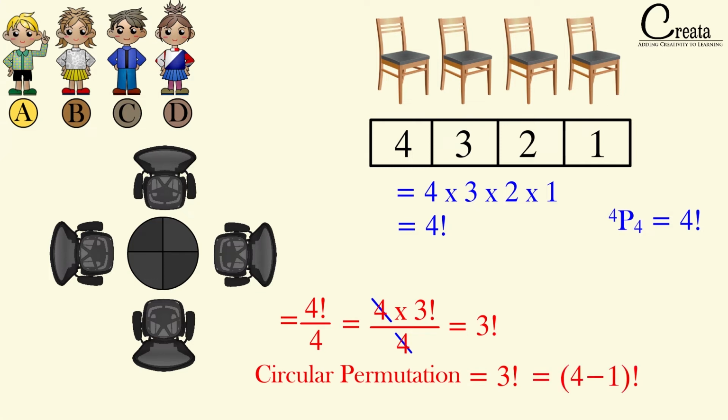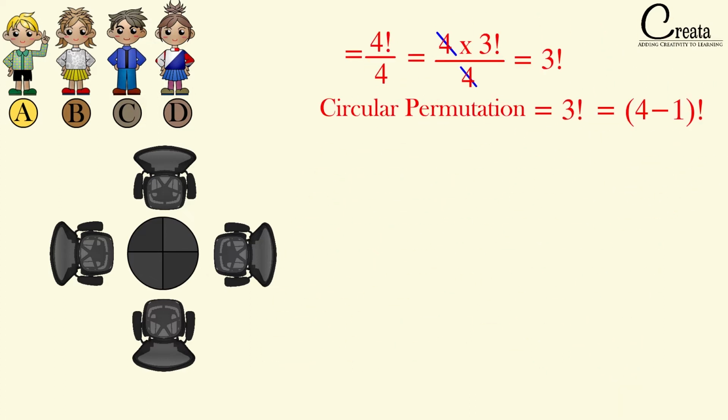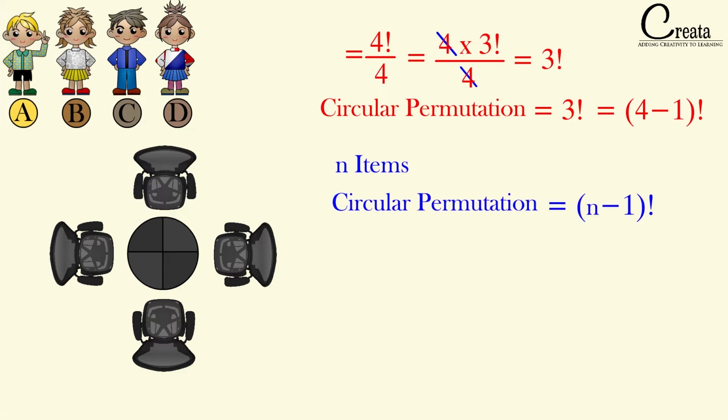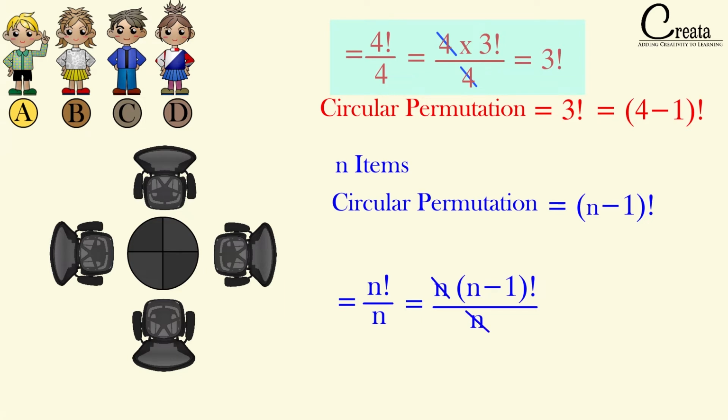Okay? In the general term, we can say if we are having n items, then the circular permutation will be equal to n minus 1 factorial. Why? Because our circular permutation will be equal to n factorial upon n. That will be n into n minus 1 factorial upon n. n and n will cancel out. We got our circular permutation as n minus 1 factorial.